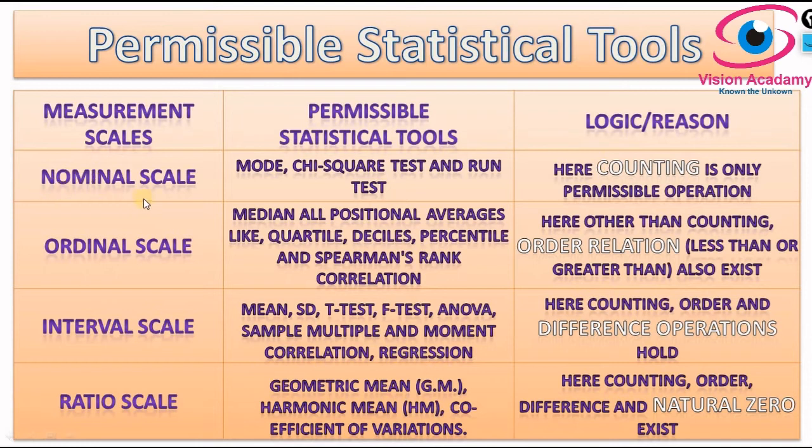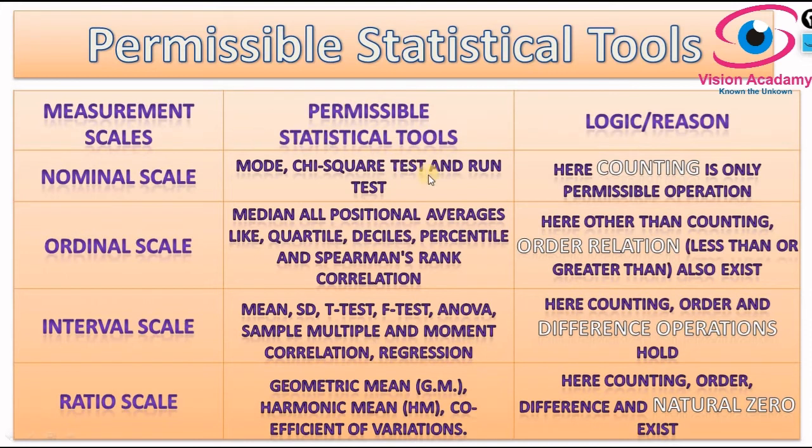For example, if you come to the nominal scale, what we can do in the nominal scale is just categorize particular objects or variables into two or more categories, like female, male. Then we can assign only a symbol, name, or text for our convenience.